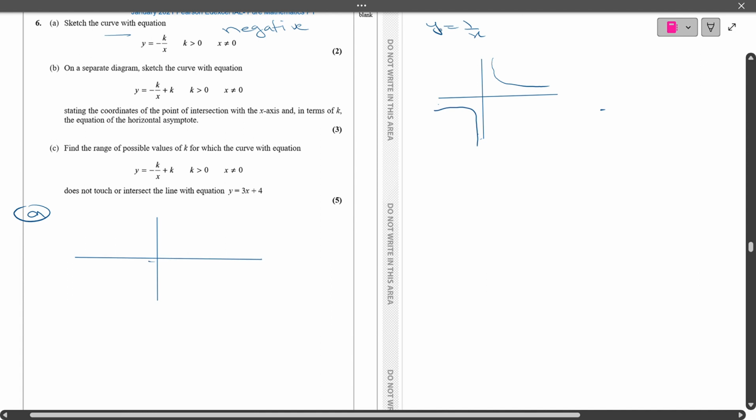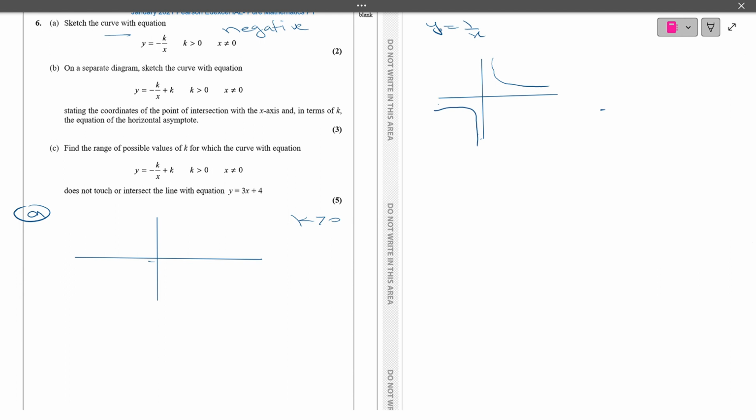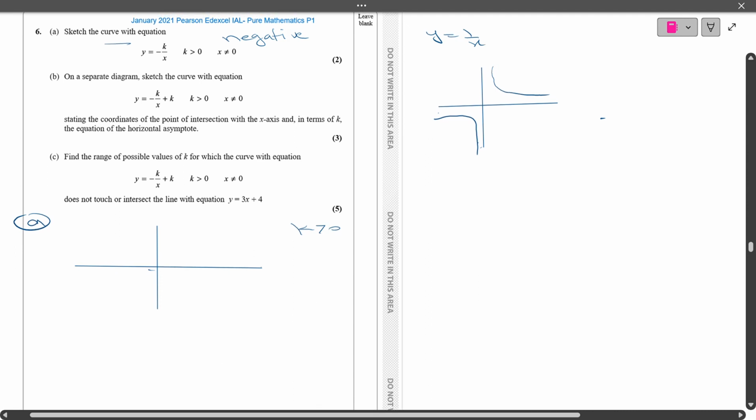So y equals negative k over x, where k is greater than 0. It means k is positive. So I can draw a curve here in the second quadrant, and in the fourth quadrant.